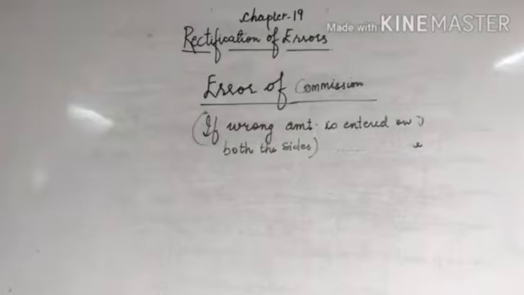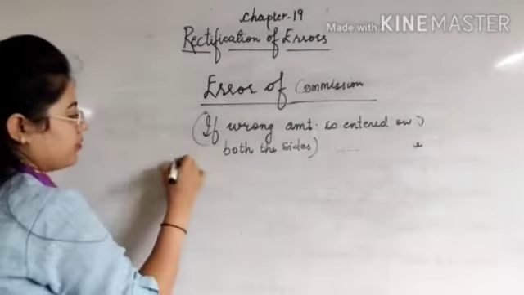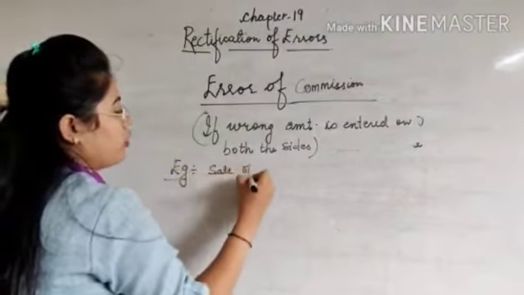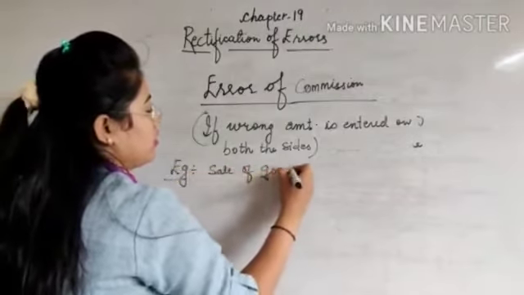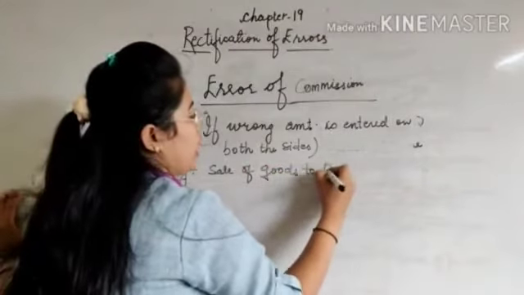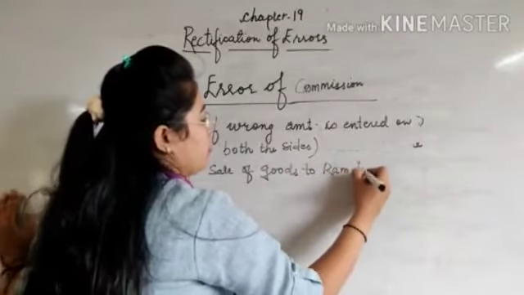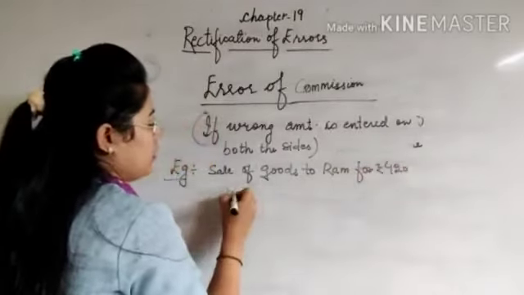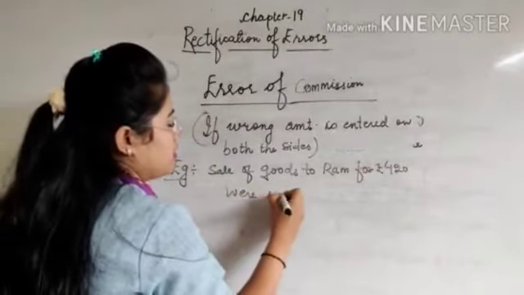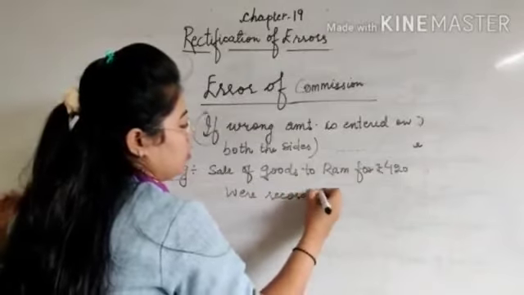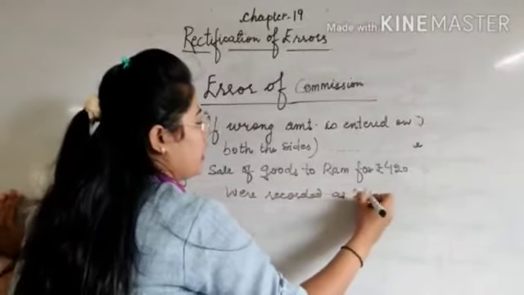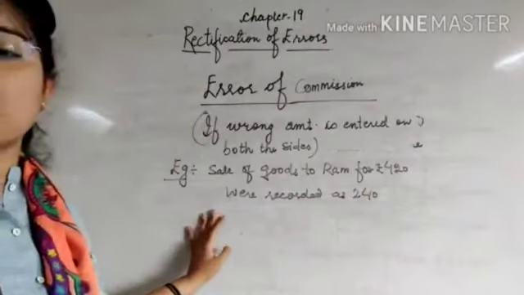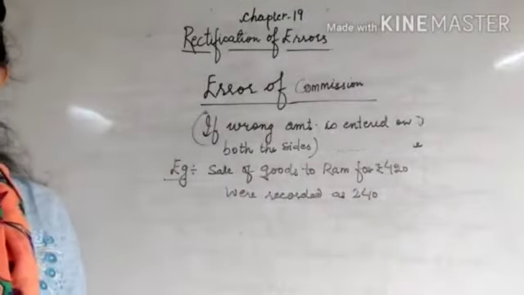For example, sale... then this error is known as error of commission.